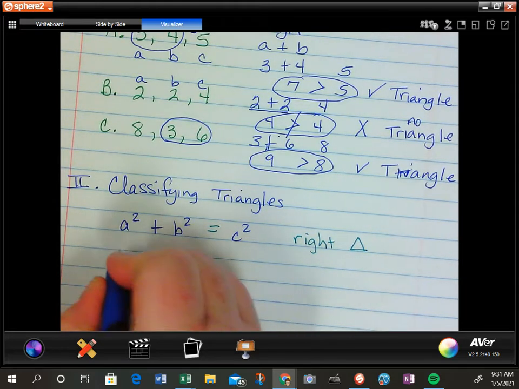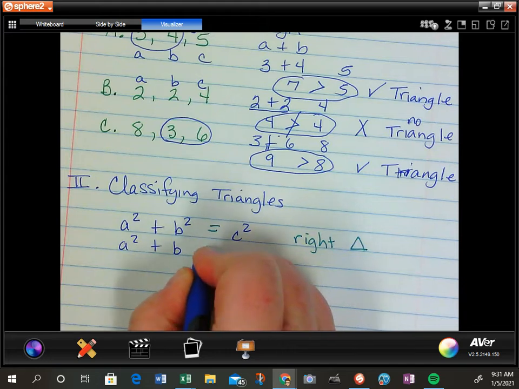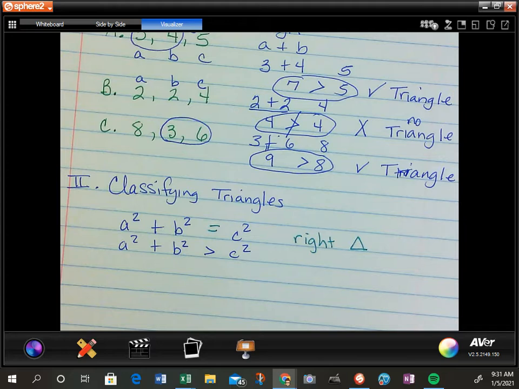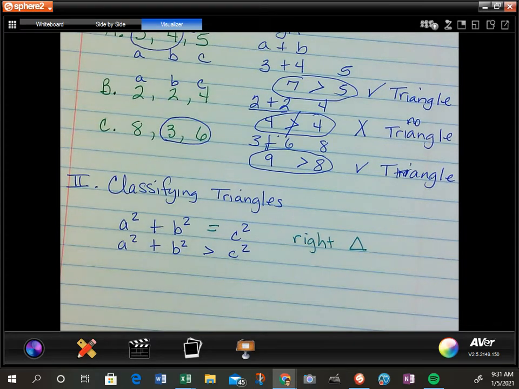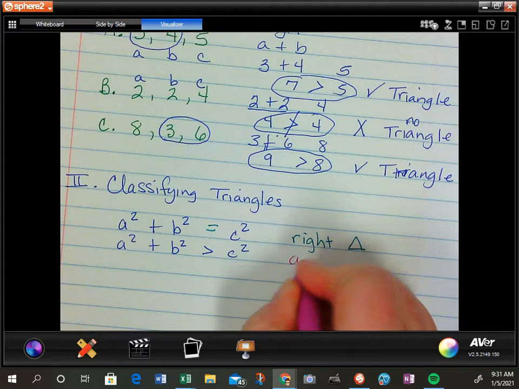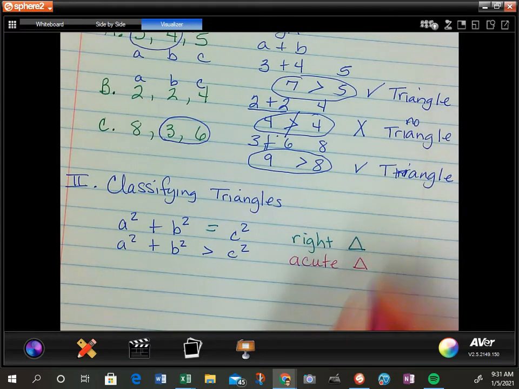If I have a squared plus b squared greater than c squared, then I have an acute triangle.